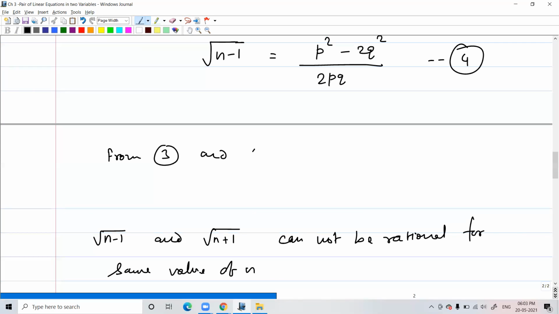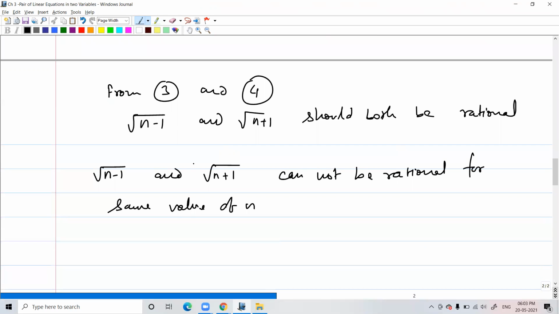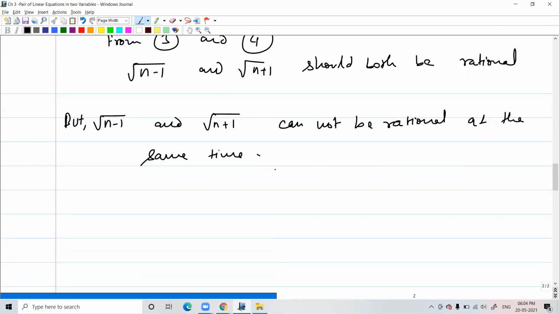From 3 and 4, square root of n minus 1 and root n plus 1 should both be rational. But they cannot be rational at the same time. I'm going to explain why they cannot be rational at the same time. Let's see.